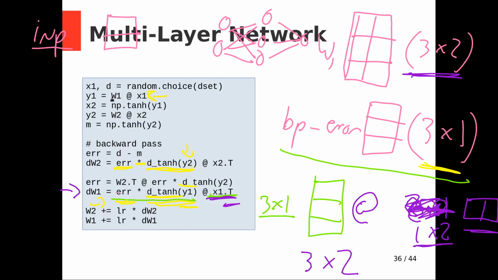Well, it is our W1, our first weight layer, times X1, our input. What size is that? Well, W1 is a 3 by 2, that's the weight matrix. Input is a 2 by 1, that is the input. Going slowly to make sure I don't say something wrong, right?